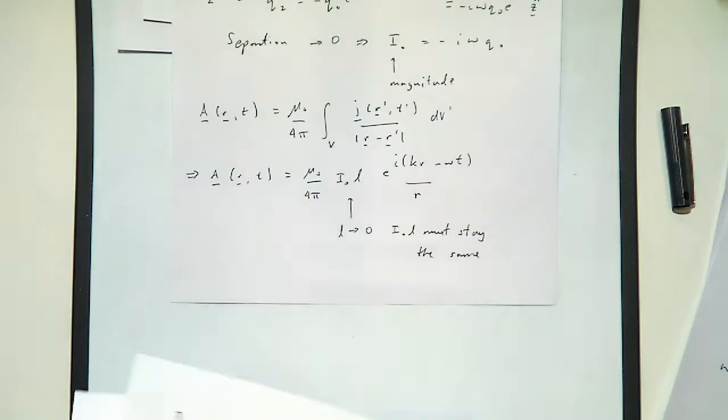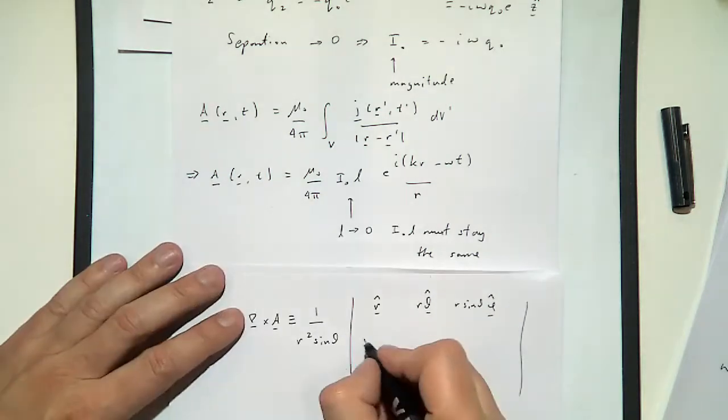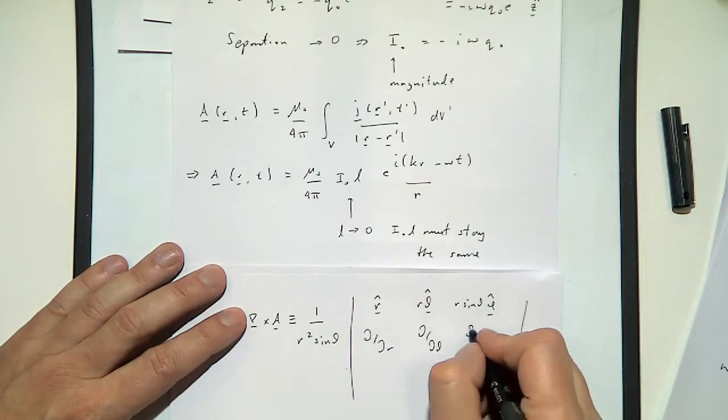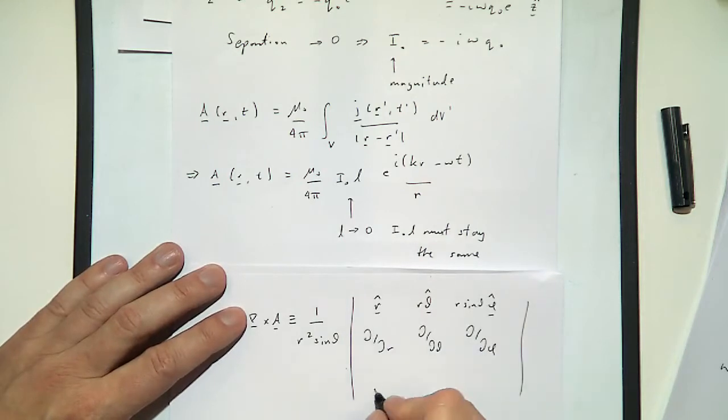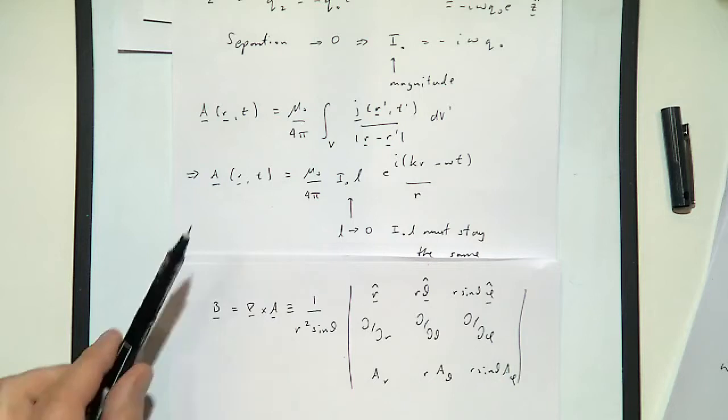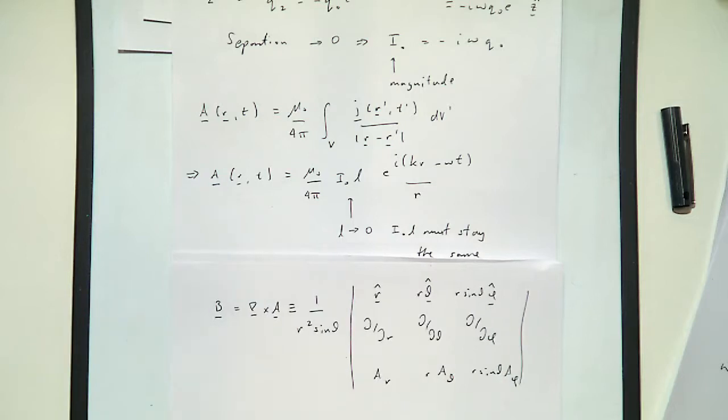And d by dr, as usual, d by d theta, d by d phi. And then I've got the spherical polar coordinates, A r, r A theta, r sine theta A phi. Okay. So my job is to relate this A to those three components.